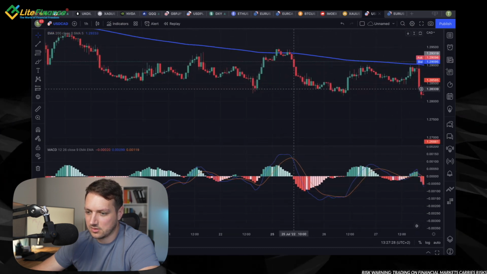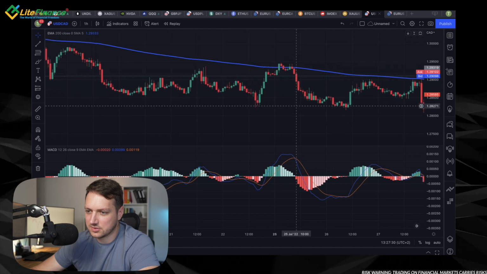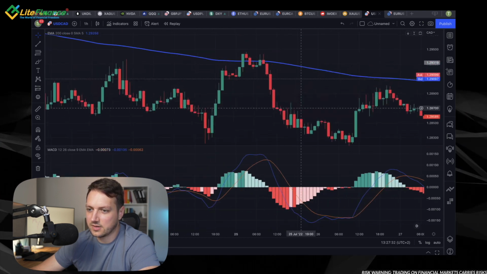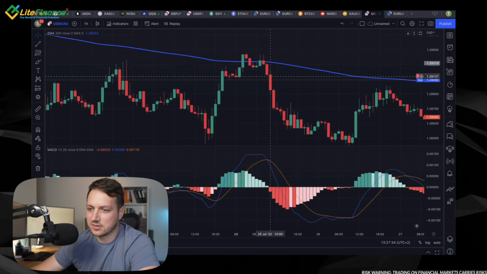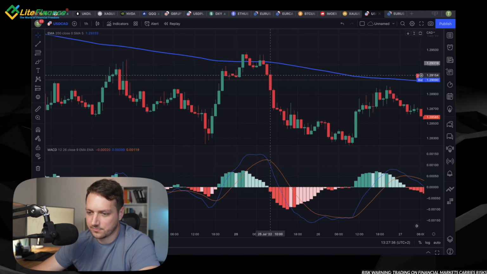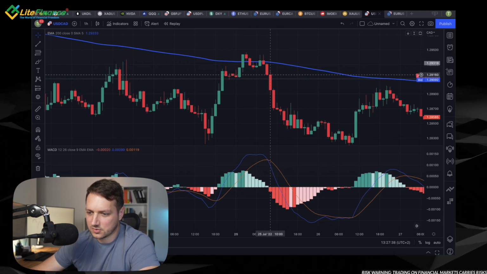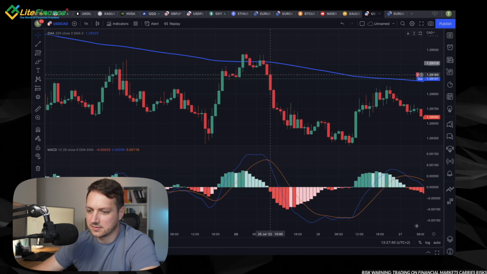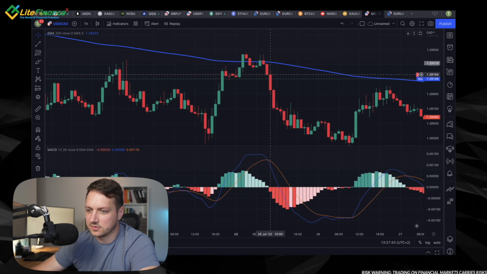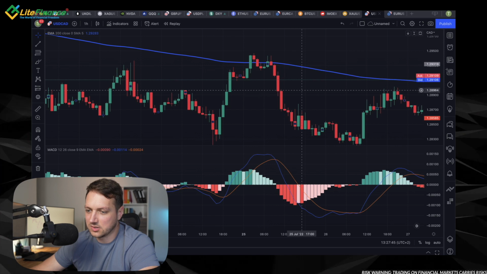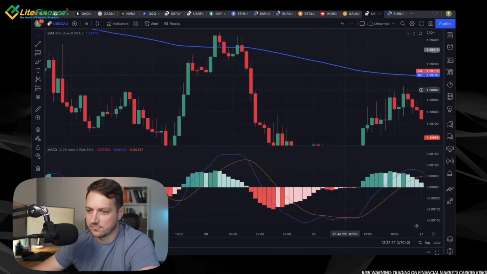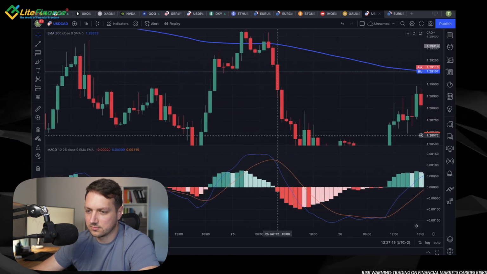So maybe here would be a good example. Let's try it. We are very close to the moving average, but the crossover happened at the closing of this candle, opening of this one, which is the level below the moving average. So let's try this one.